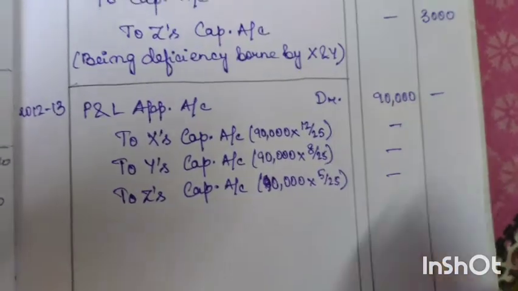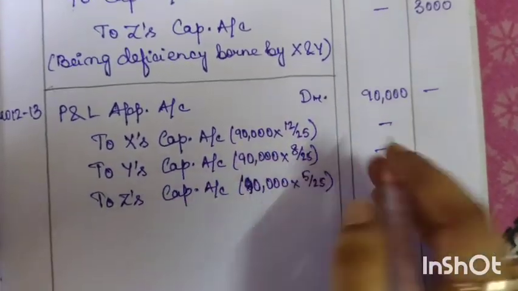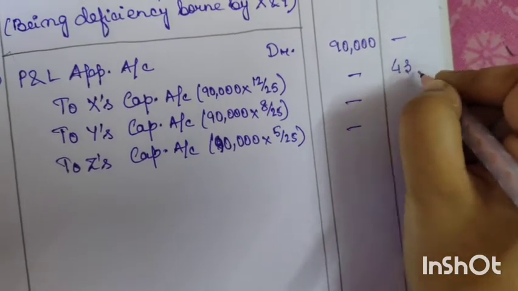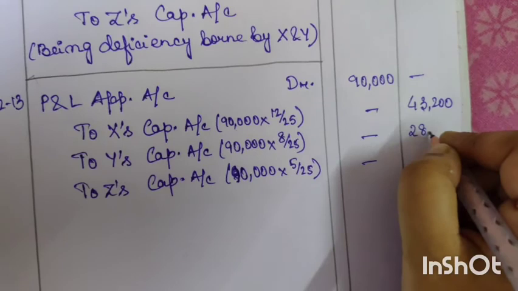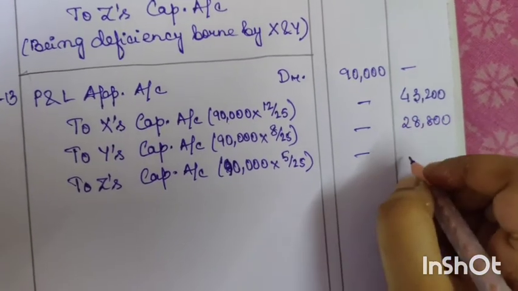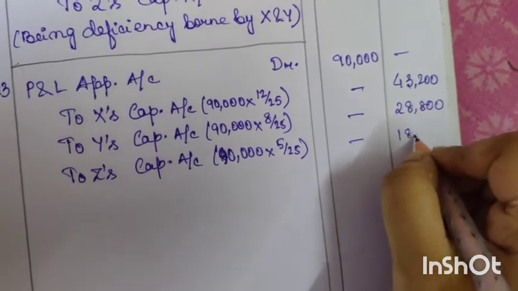Now the amounts will be, for X it will be 43,200, for Y it will be 28,800, and for Z it will be 18,000.